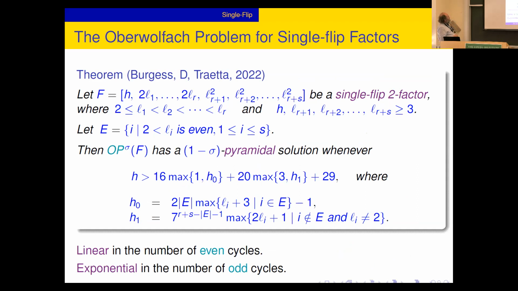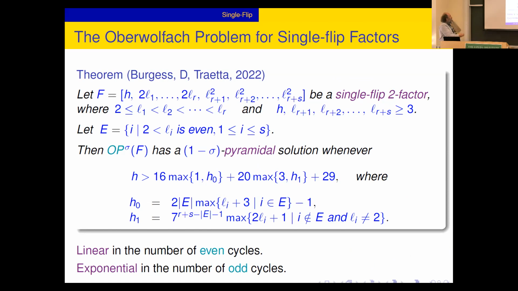So what this lets us do is, because we have a graceful labeling, we have a solution to OP sigma. And this is nice. This is the nice part about Marco's result, is that once we have this graceful labeling, we can use it to create a solution to the Oberwolfach problem, either when it's the regular Oberwolfach minus a 1 factor or plus a 1 factor.